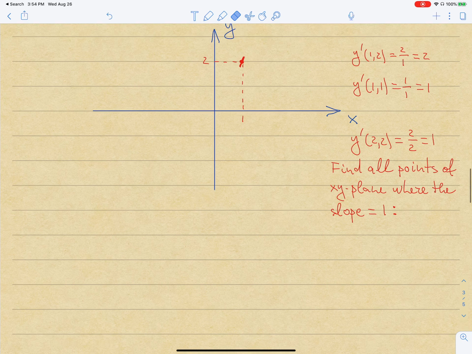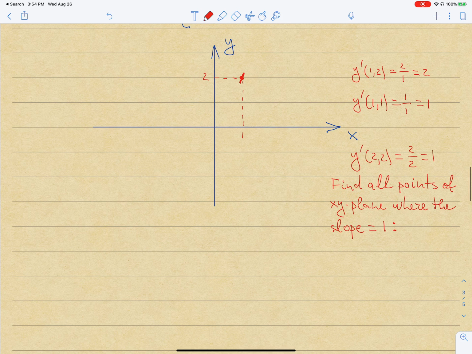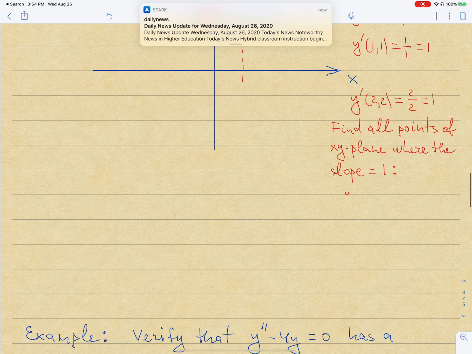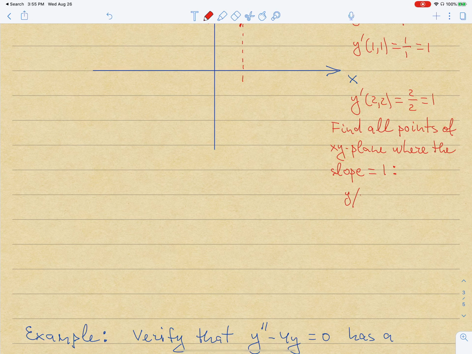Well, the slope is equal to y over x. So y over x has to be equal to 1. And that means that y must be equal to x.